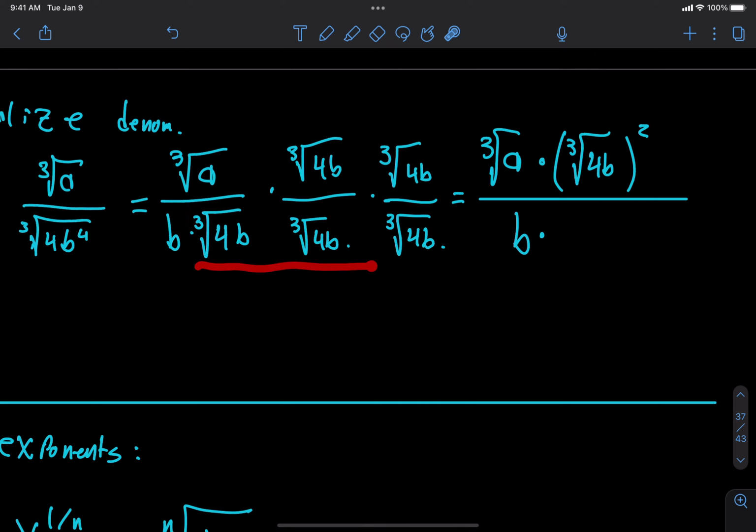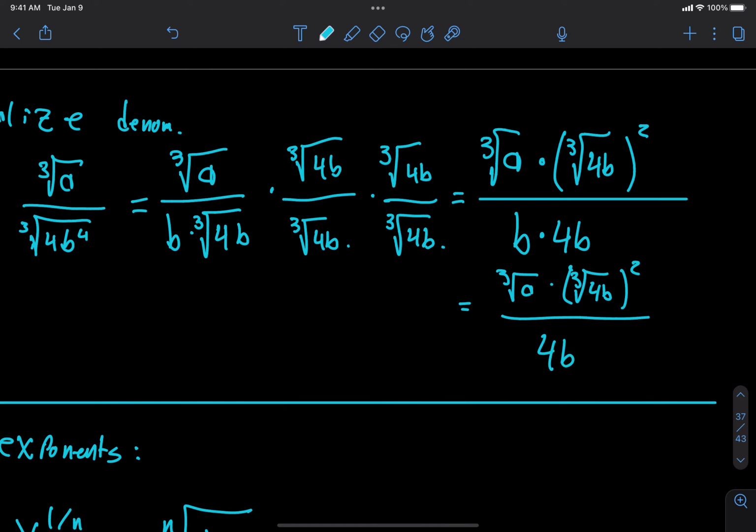So what is the cube root of 4b if I cube that all? Just 4b. Okay, so I get b times 4b. So in the end, I get cube root of a times the cube root of 4b all squared divided by 4b squared. Okay, now the denominator looks nice. Great.